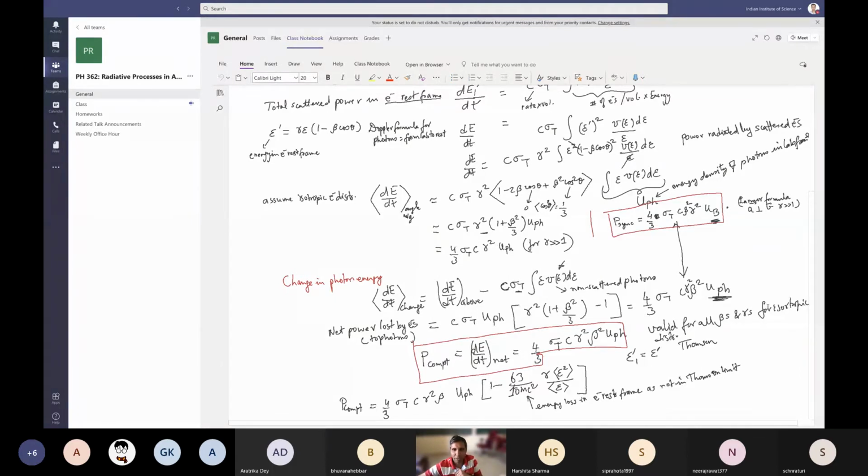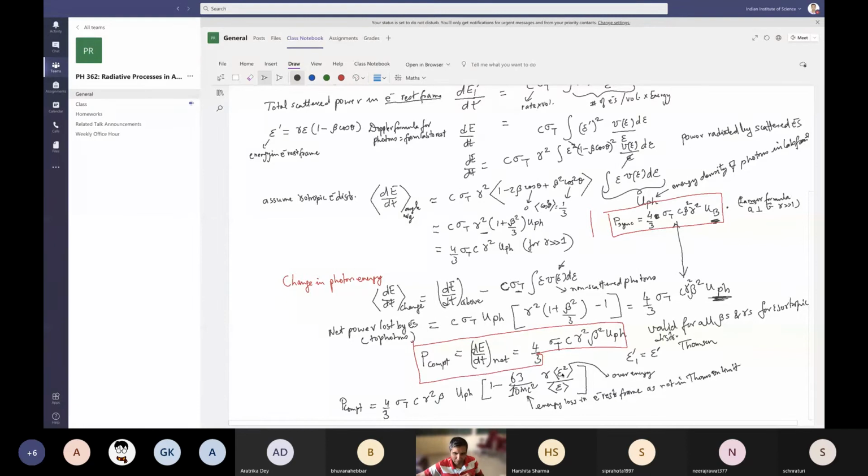So in this formula, this average is not over angle, this is over energy. Anyway, this is given in Rybicki and Lightman. It's not all that important. For a lot of cases, you can ignore this.